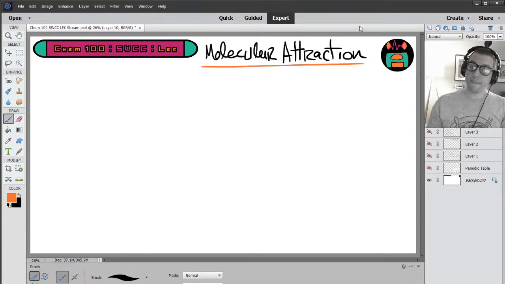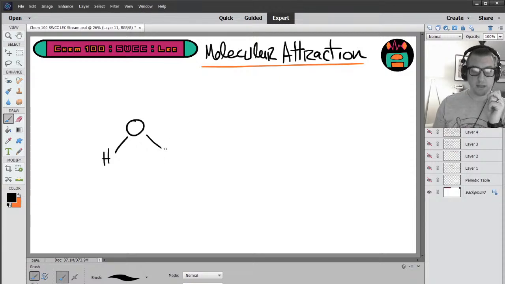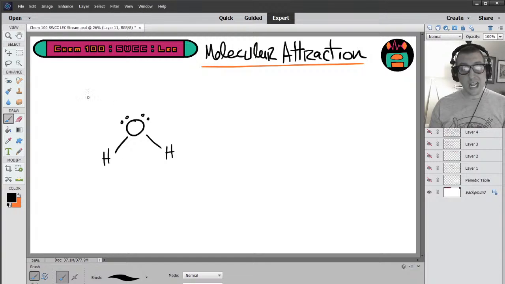So let's talk about molecular attraction. If you look at a molecule of water, and here you'll notice that I'm drawing it with its VSEPR geometry, right?